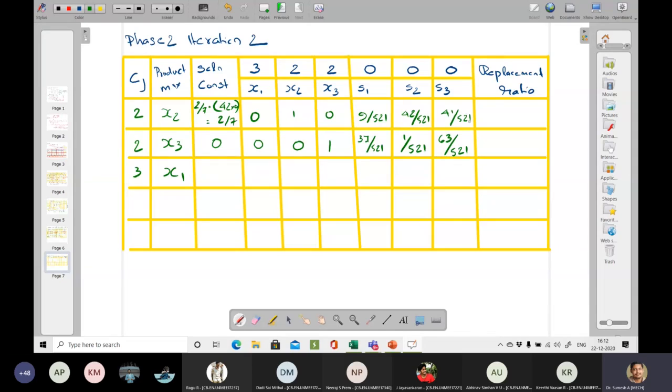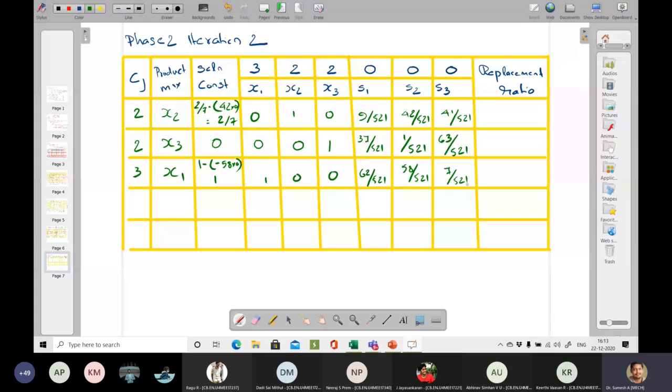And coming over here, that will be 1 minus 58 into 0, so that will be 1, 1, 1, 0, 0, 62 by 521. Next one, 58 by 521, and 7 by 521.